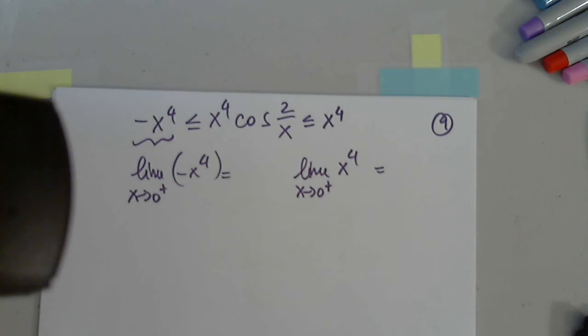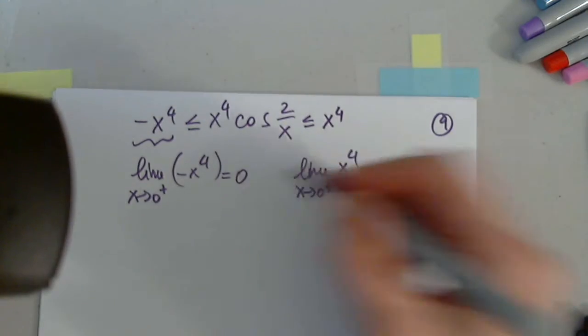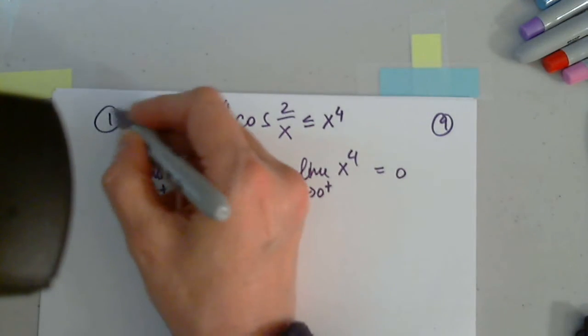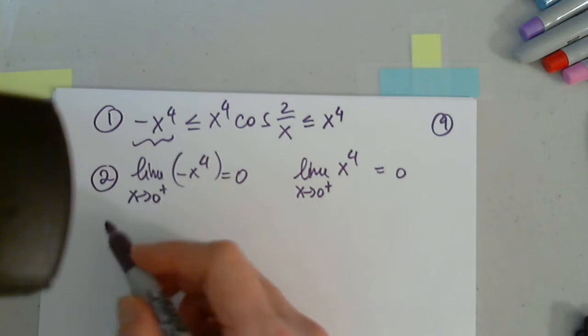Wouldn't it just be 0? Of course. Great job. So this is number 1, and this is number 2.